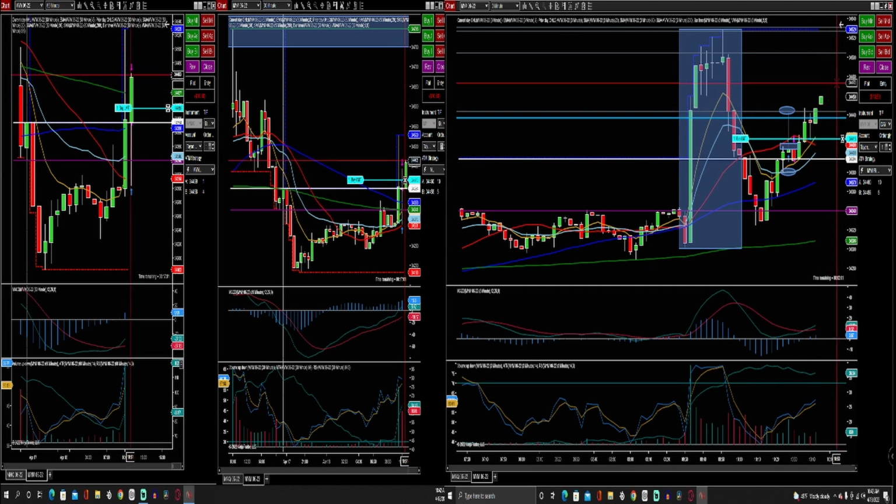I might just get in right here, honestly, because it did close. Okay, right now part of me is saying I should wait for this 1 hour candle to close, but at the same time, another part of me is saying to just get in when it pulls back a little bit.